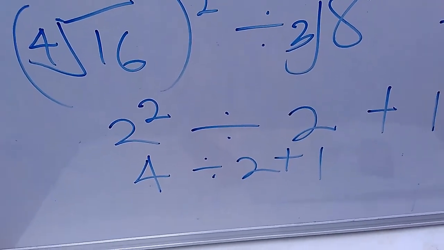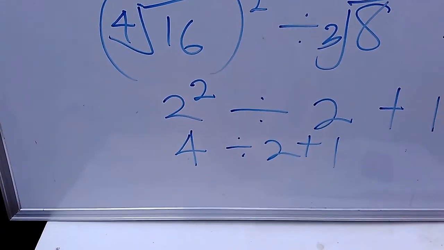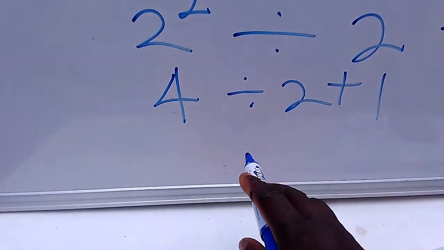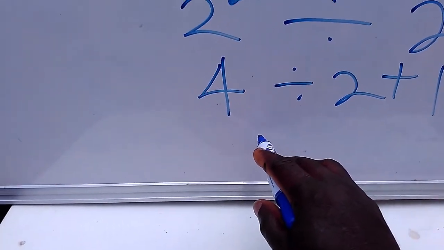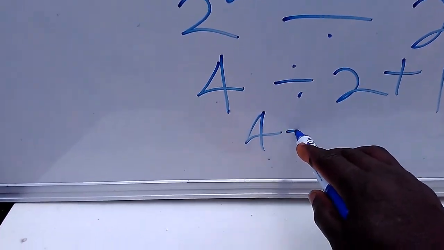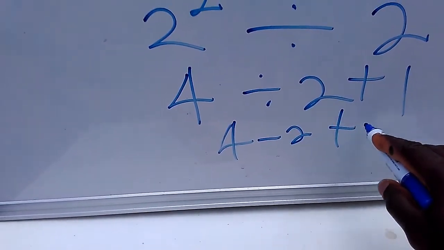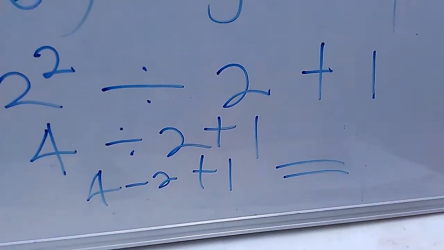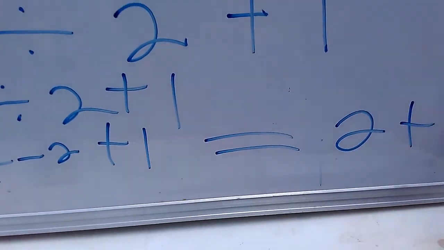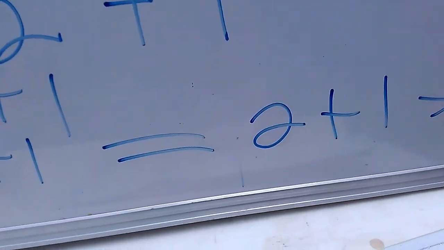So here we apply the law of indices. Divide is the same thing as 4 minus 2 plus 1, which will give us 2 plus 1, which is equal to 3.